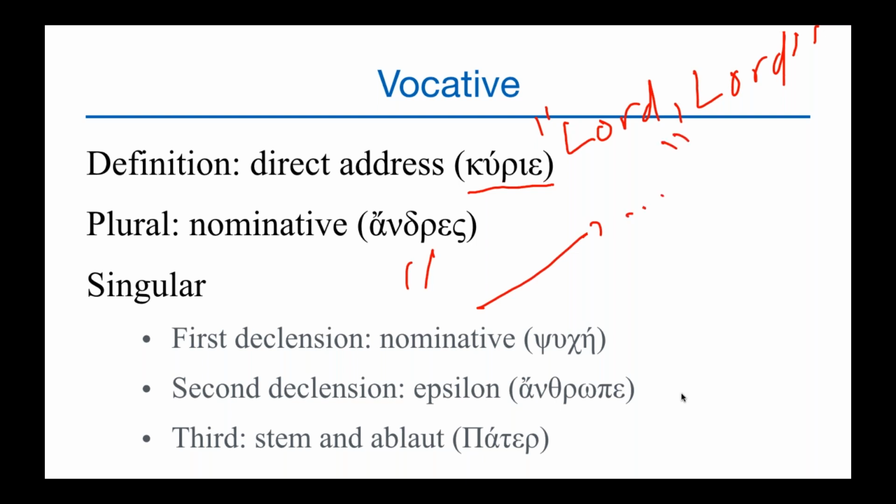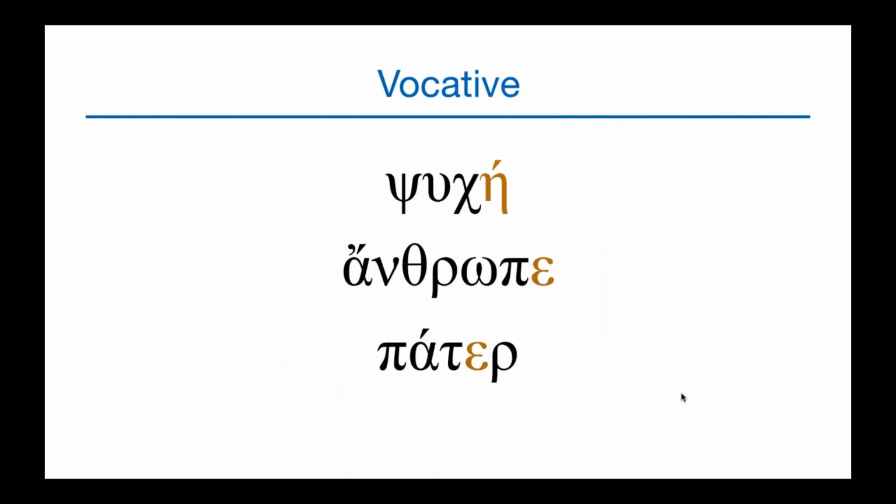So if you have a parsing question about a particular word in a sentence and you can't quite figure it out, if it looks a little bit different than what you're used to and it starts the sentence, that's more than likely going to be where you're going to find a vocative. So you can see sy, anthrope, pater. So you've got that here, but you wouldn't really know that this one was different because it's not any different than its normal nominative.